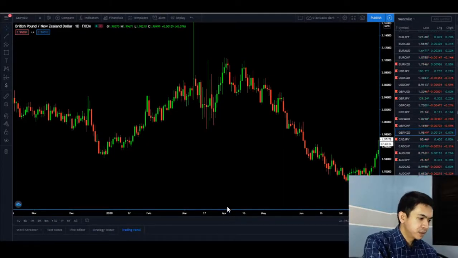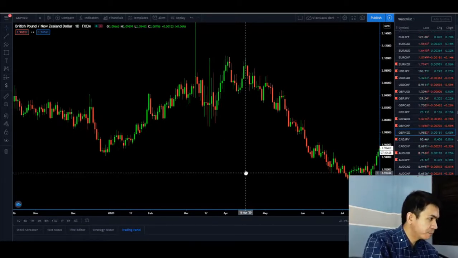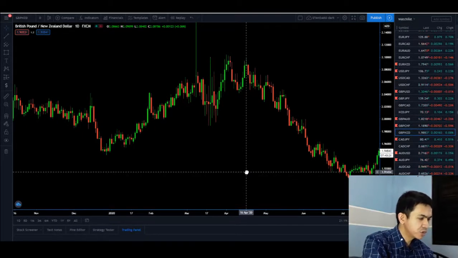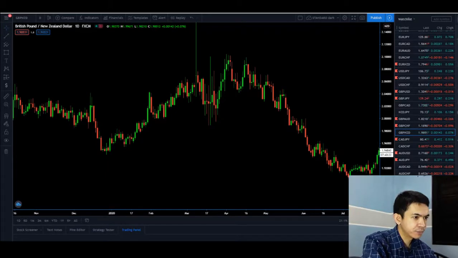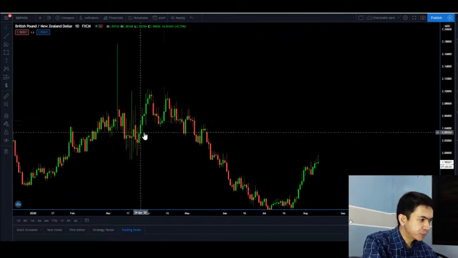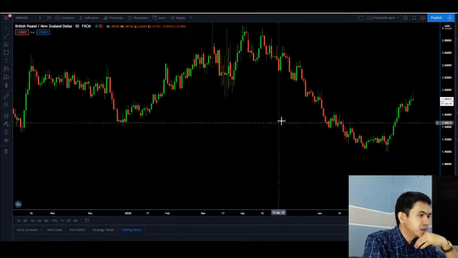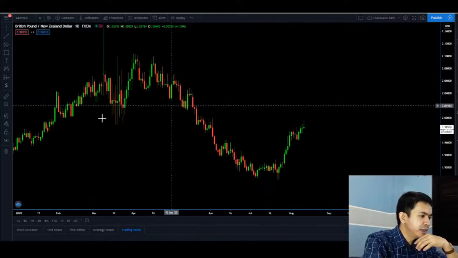Alright guys, fellow champions. Currently we are here at Pound Kiwi, or the GBP/NZD pair. So let's first see the pair from a daily perspective.